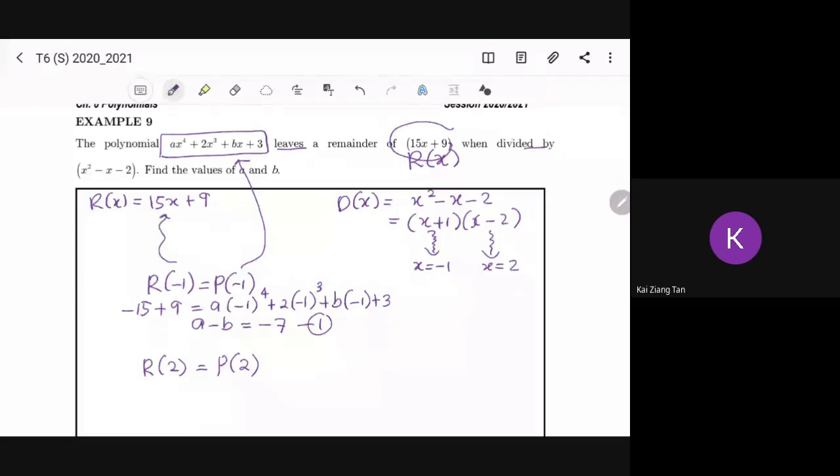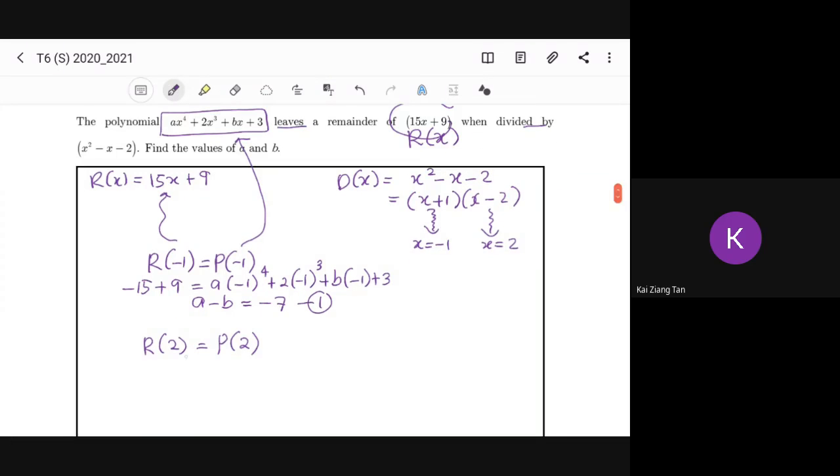Okay. Next, for the second information, R2 equals P2. So, 15 times 2 plus 9 equals A times 2 power of 4 plus 2 times 2 power of 3 plus B times 2 plus 3.